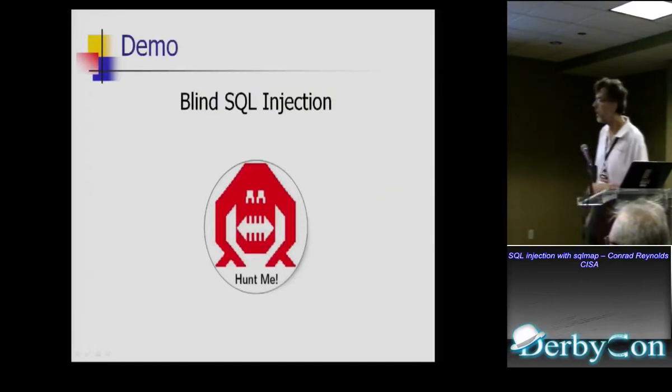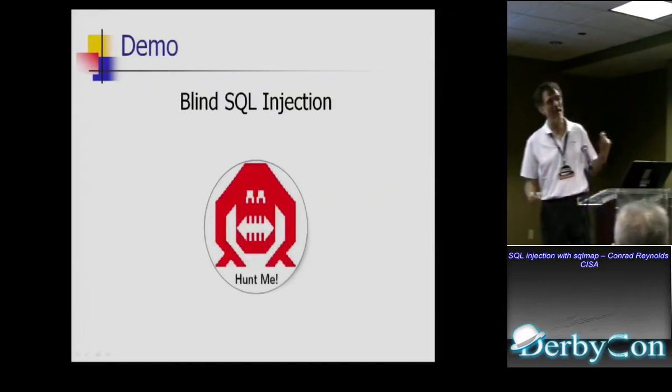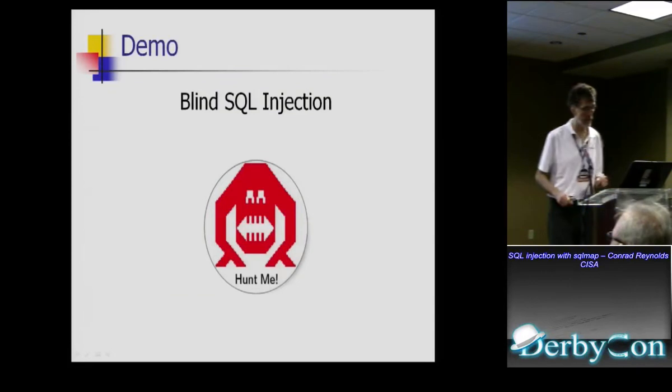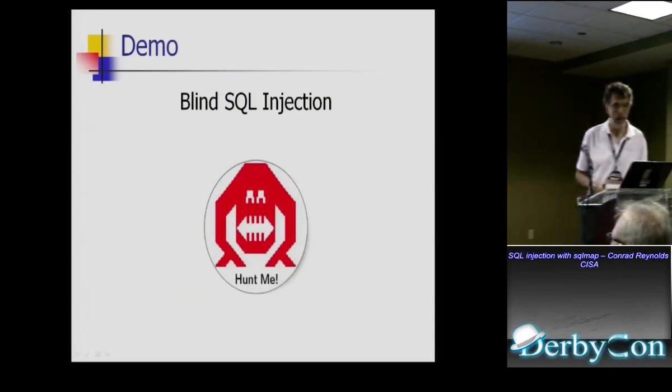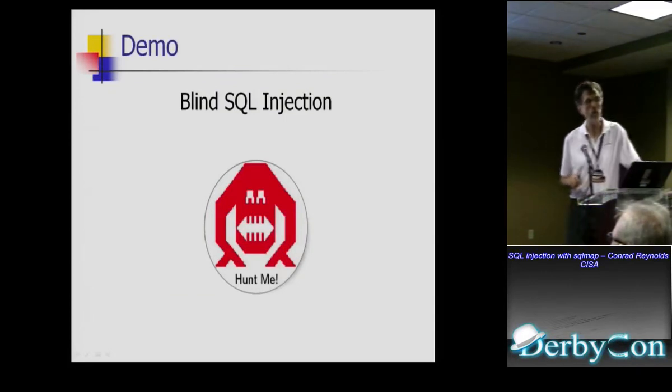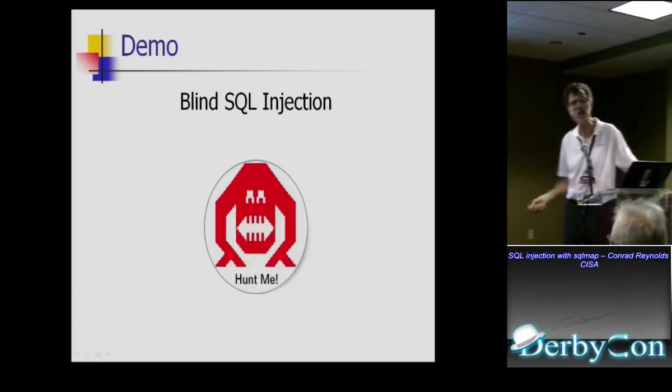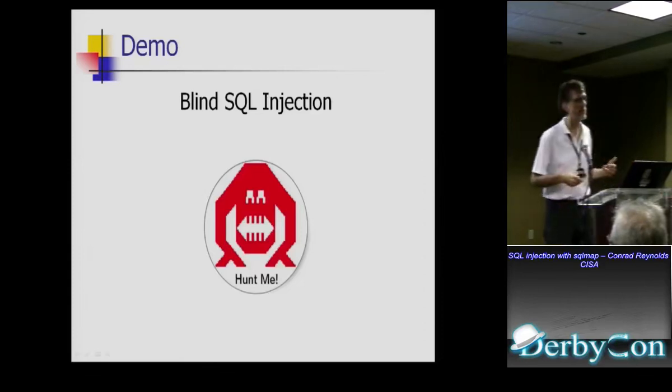All right. Now, the other thing that Sqlmap can be extremely useful in is blind SQL injection. This is a case where the SQL statements that you submit through the web page don't actually return you any data.